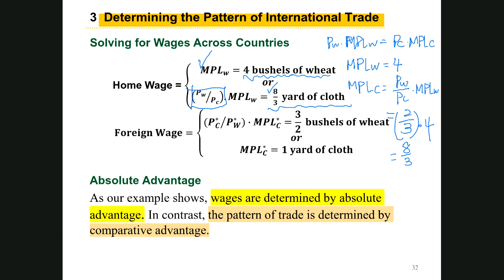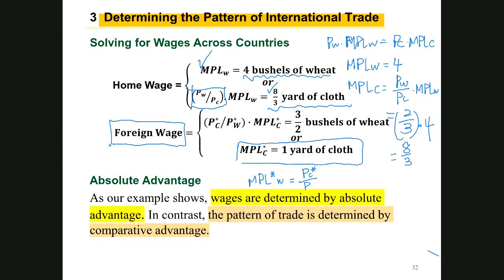And what about a foreign country's worker? Foreign country's worker, they produce 1 yard of the clothes, right? They're totally specialized in producing the clothes. However, right now, the marginal productivity of the labor in wheat in the foreign country is equal to this term. So that will equal to what?